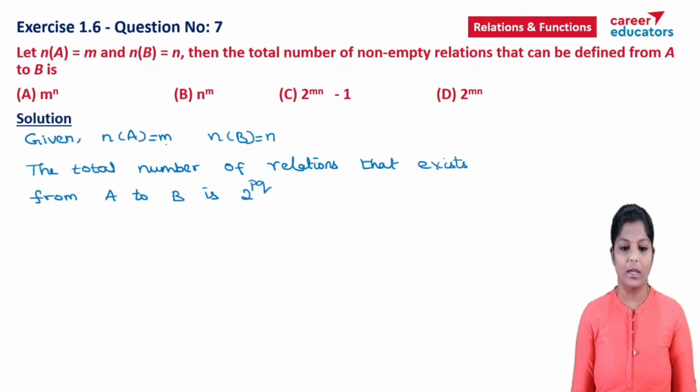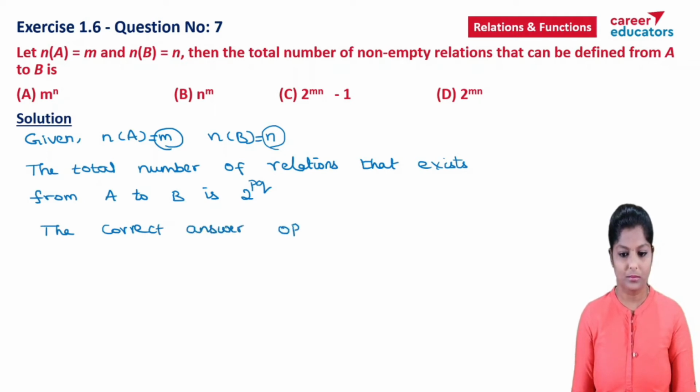Instead of p, here we have m. Instead of q, here we have n. So, the correct answer option is d, 2 power mn. That's all, we have completed this problem.